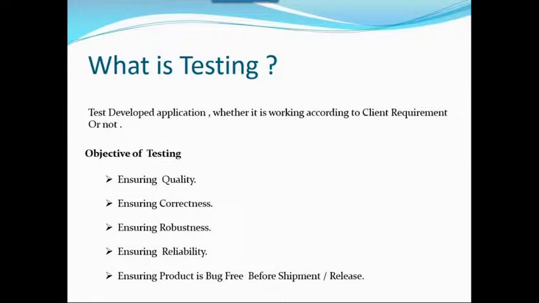The user needs to accept your application, so we need to test whether it is user friendly or not. I will explain how we test reliability and all these things. And finally, ensure the product is bug free before shipment and release. Before we go to the release, we need to check whether the application is bug free.